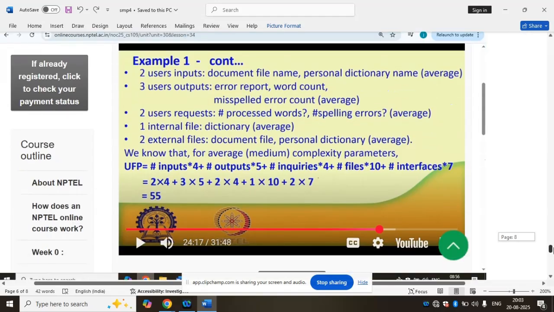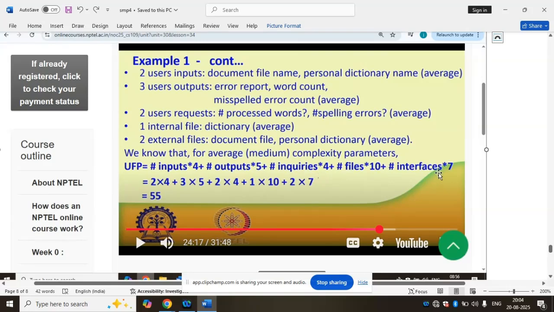This is the formula to calculate UFP. Number of inputs into 4, number of outputs into 5, number of inquiries into 4, number of files into 10, number of interfaces into 7. That is very important to notice: 4, 5, 4, 10, 7.